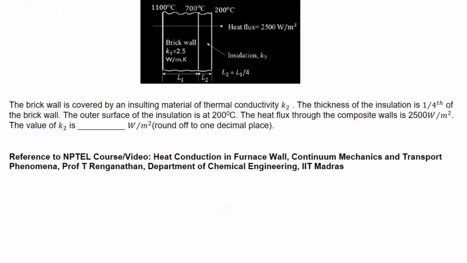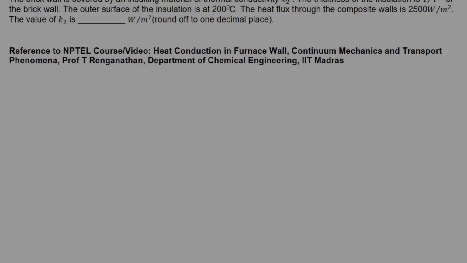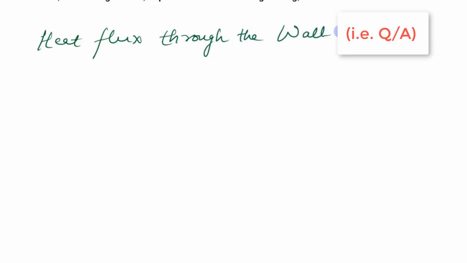Now we know that the heat flux through the wall is given by Q, the heat, equal to minus K A dT by dx.